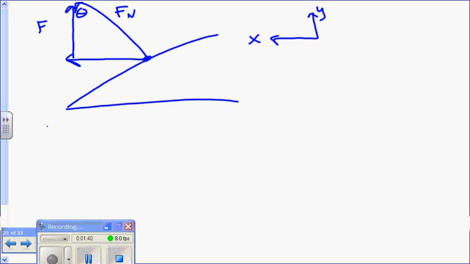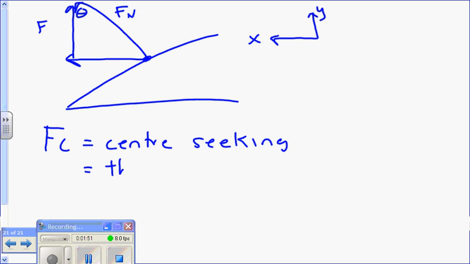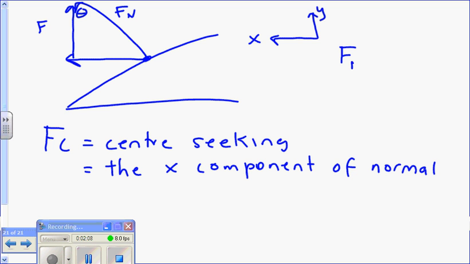And Fc equals center seeking. And the only center seeking force is a component of normal. And keeping in mind from previous, that Fn is mg over cos theta.